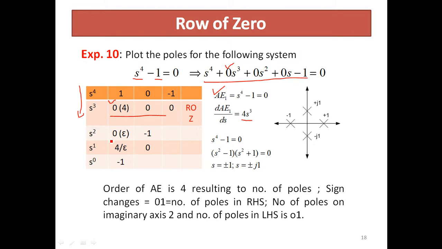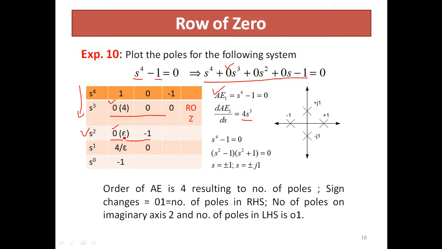Carry on. In this row, what you observe? That one element of this row, first column element of this row is appearing as 0. This is the condition where only one element, that is the first element of a row, is appearing as 0. Then that 0 would be replaced by epsilon. This condition exists for that specific condition, right?